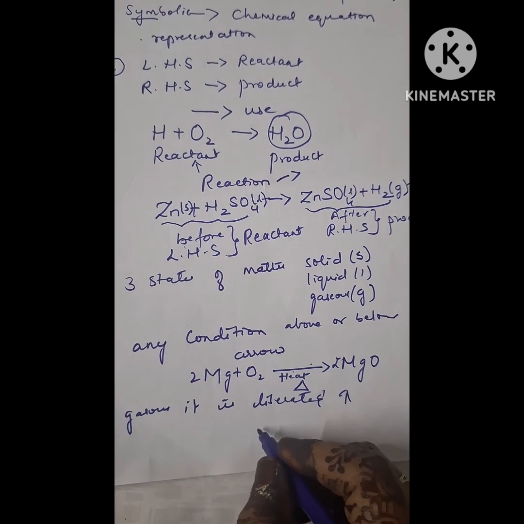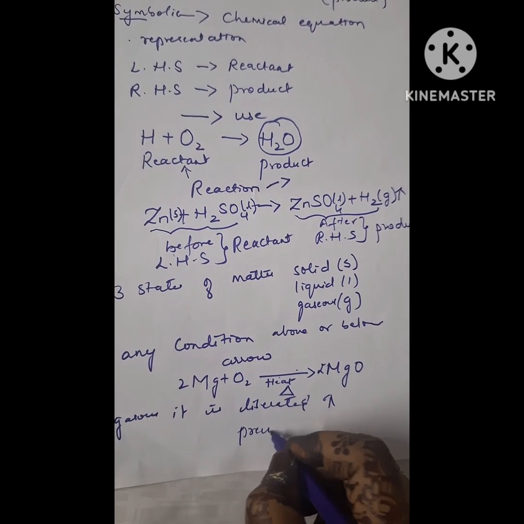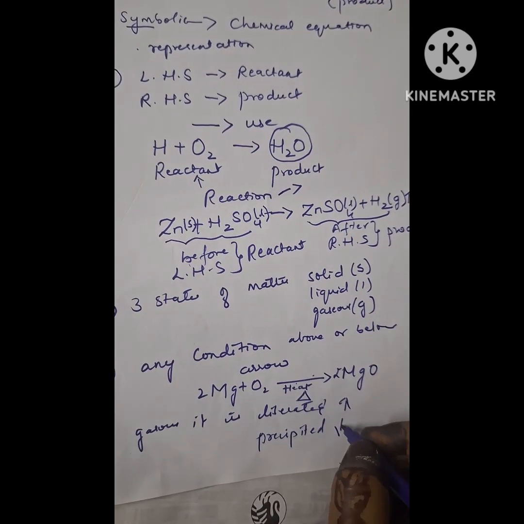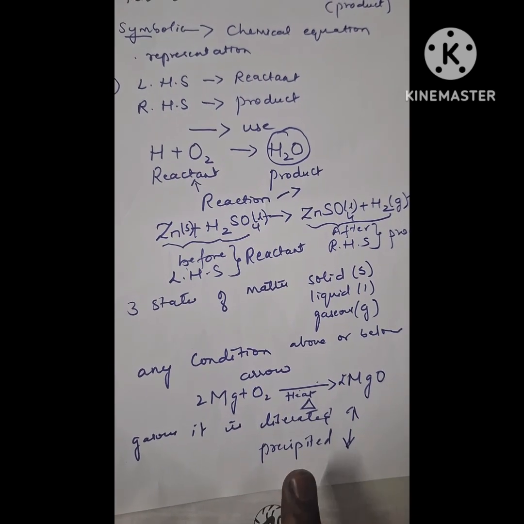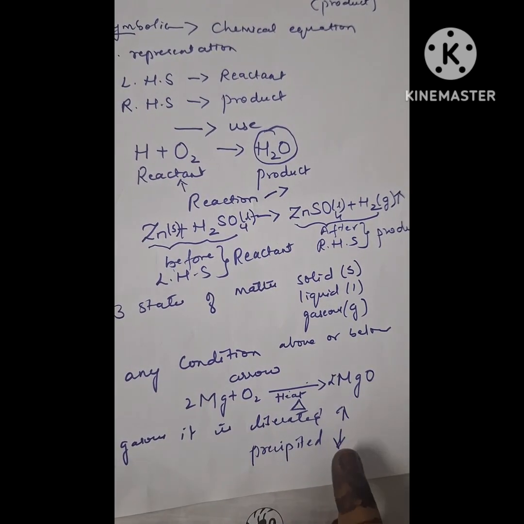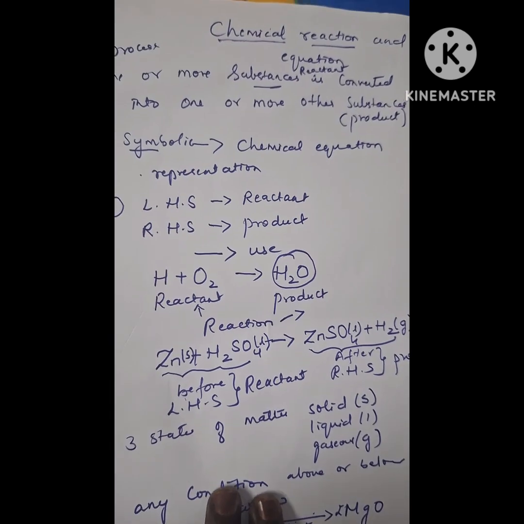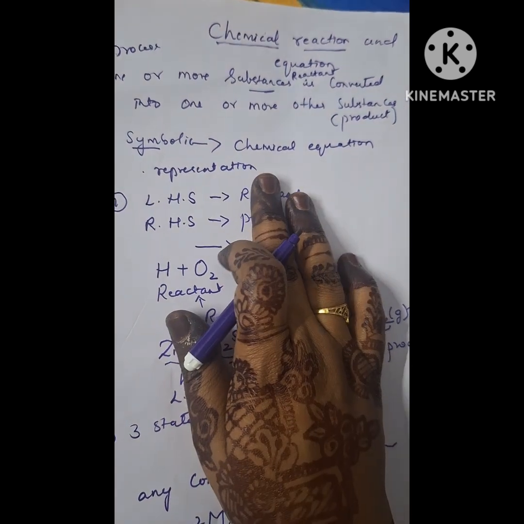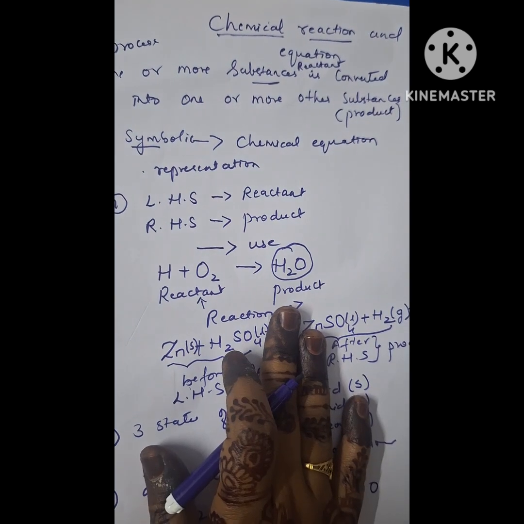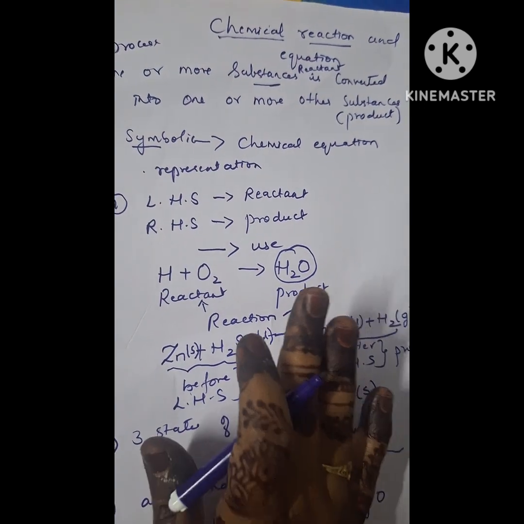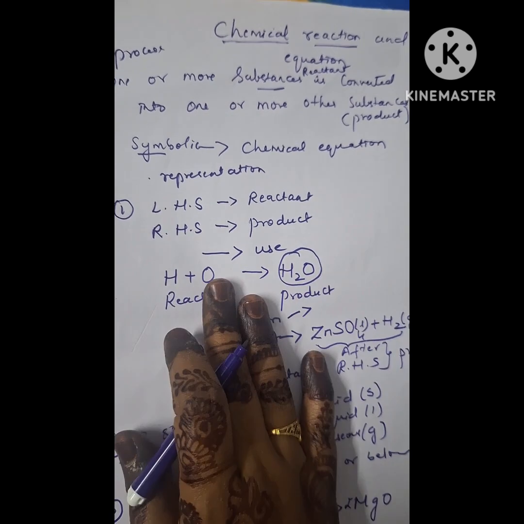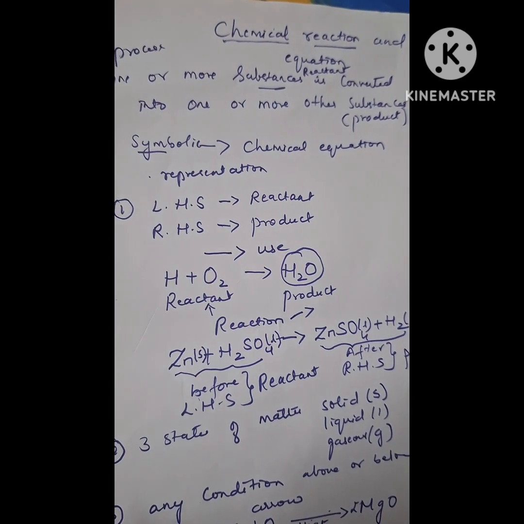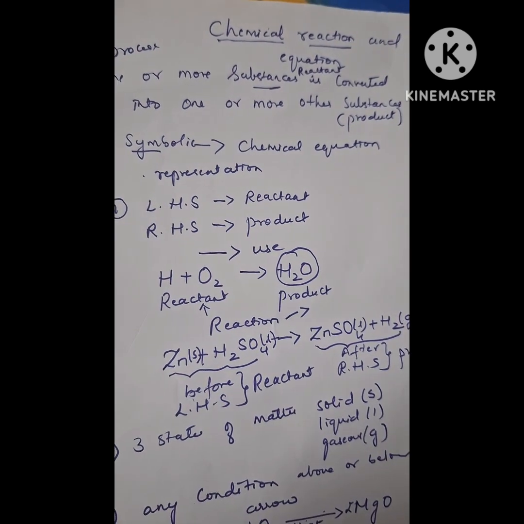If we get it in a precipitate form, then we write it as a downward arrow mark below. So this is how, in a simple way, we can write any chemical equation. Very important, very important. Here you should know the symbols. If you know the symbols, you can write any type of equation by following these simple rules.